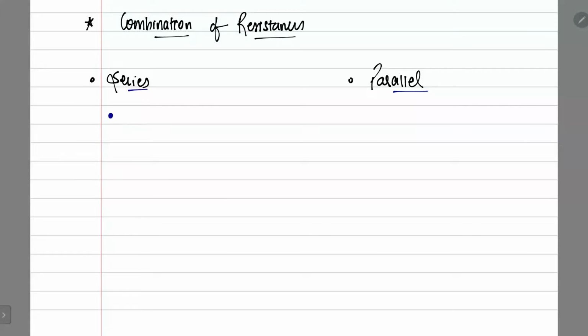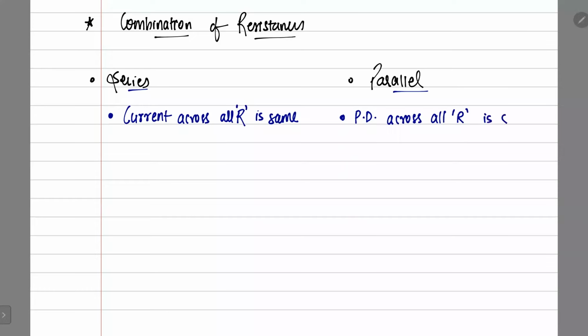Point number one, in series, the current across all resistances is the same. In parallel, the potential difference across all resistances is the same.